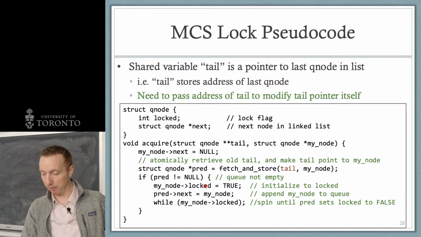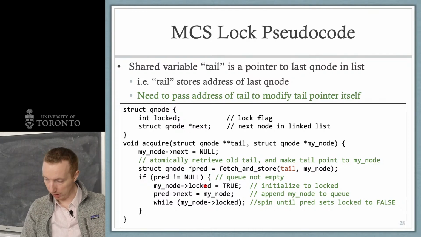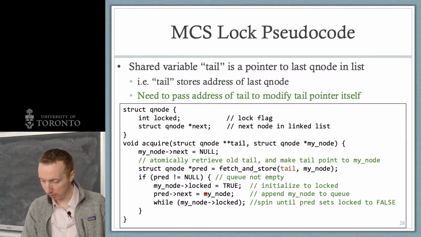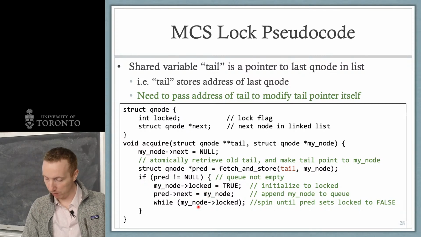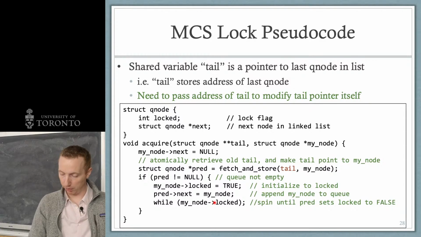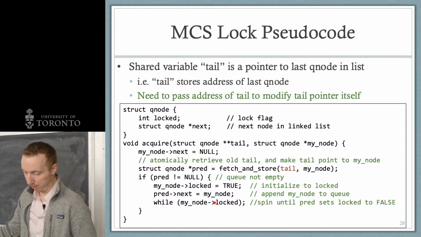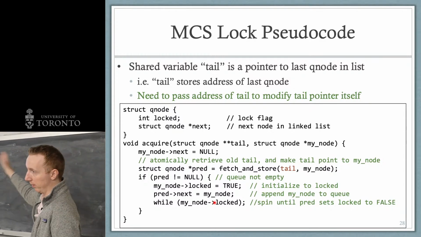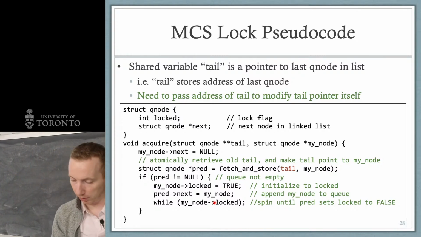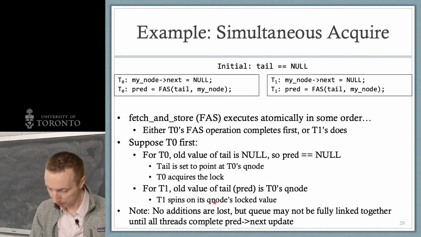Otherwise, I should initialize the lock. I have that lock. I was the first one to get it. And then I would just append my node to the queue and spin over and over again until the predecessor sets its lock to false. So that's the case we just went over before.